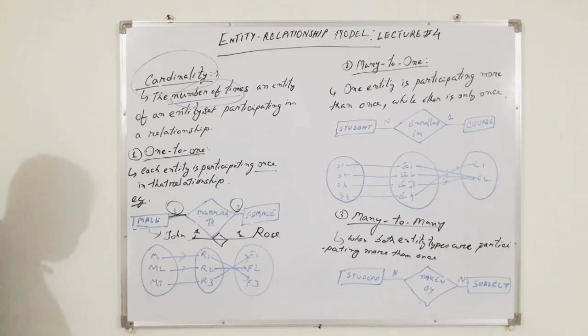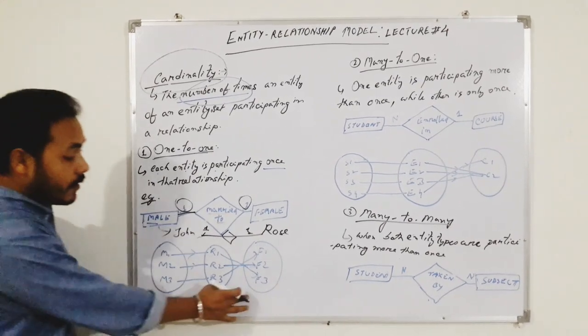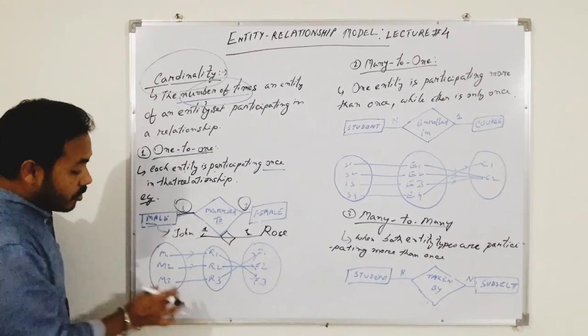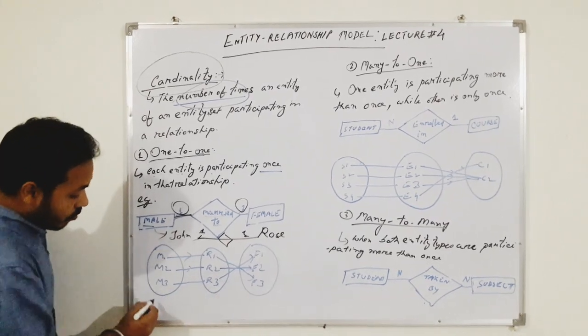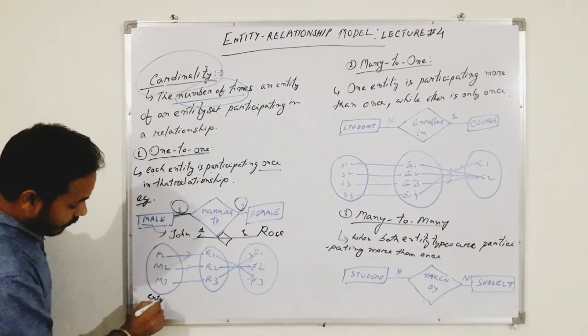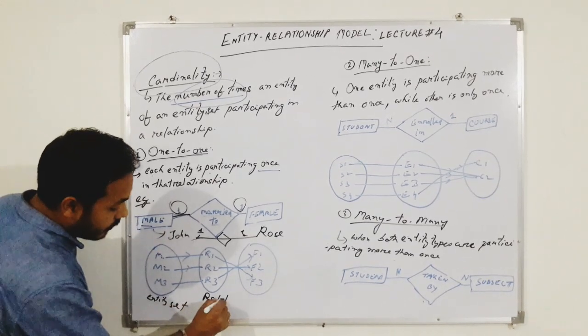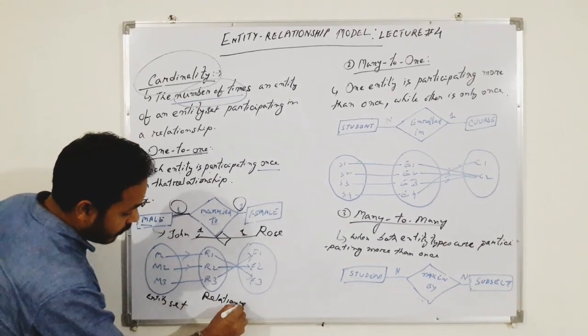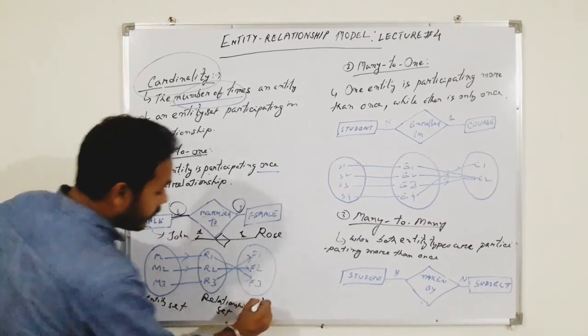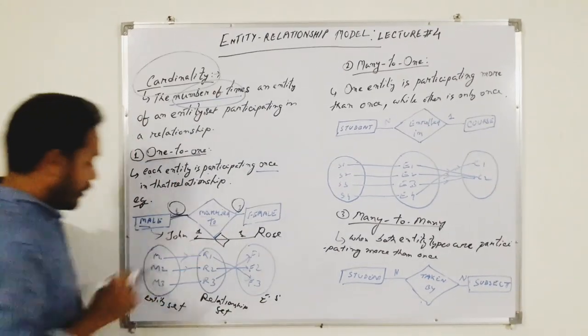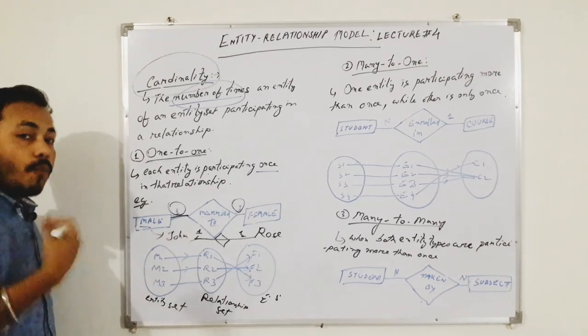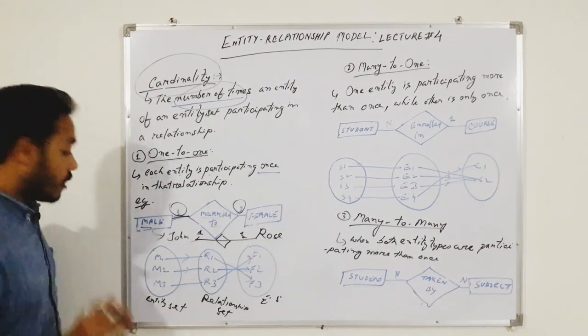Now focus here. This looks like a Venn diagram type of thing, meaning this is a set. You know this is an entity set, and this is a relationship set, and again this is an entity set. Entity set means consisting of more than one entity of that particular type.